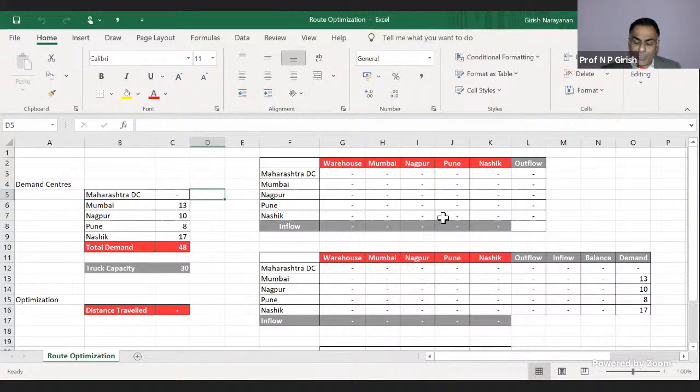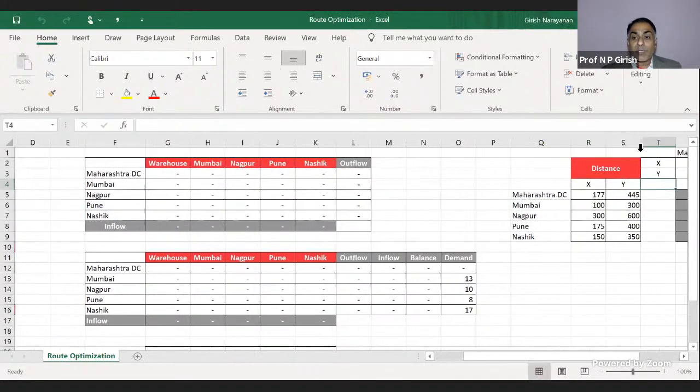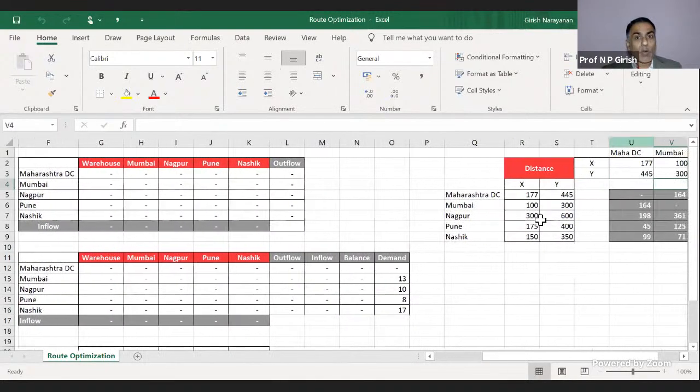So here, Manoj, yes, you are right. Even when you talk about route optimization, our assumption is that lesser the distance traveled, lesser the cost. Okay. But it might not be the case all the time. You can add a cost aspect as well. We have not added here in this simulation, but it is possible. You're right. Because eventually that is what it is. Right. So here we are trying to see the distance between each and every point.